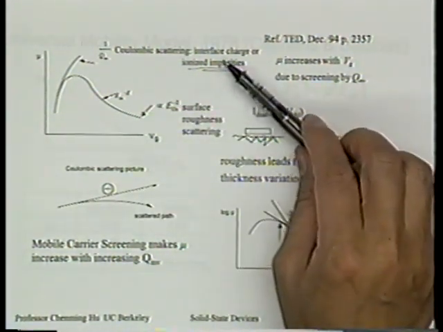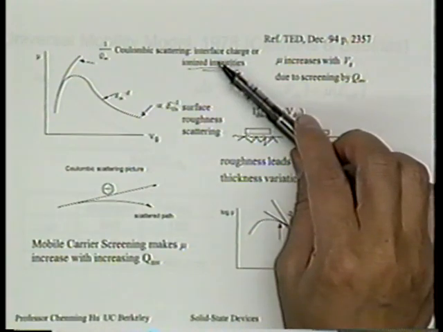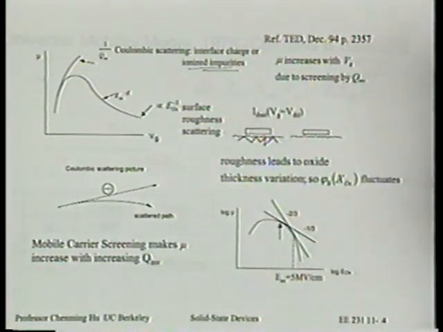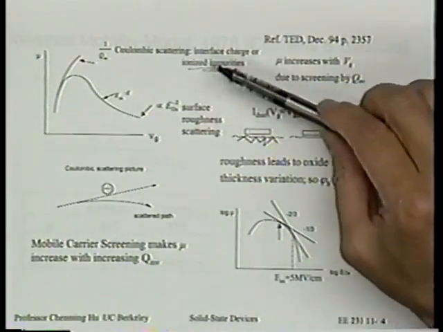Any other charge near the surface could also cause scattering. Interface charge scattering, trapped interface traps, and we already talked about this when we talked about the telegraph noise of a MOS transistor, or 1/f noise. Remember? Yes. Okay. So that comes from Coulombic scattering.